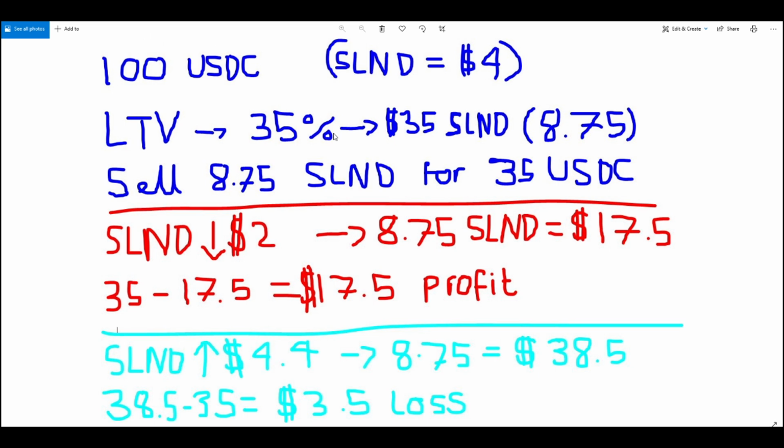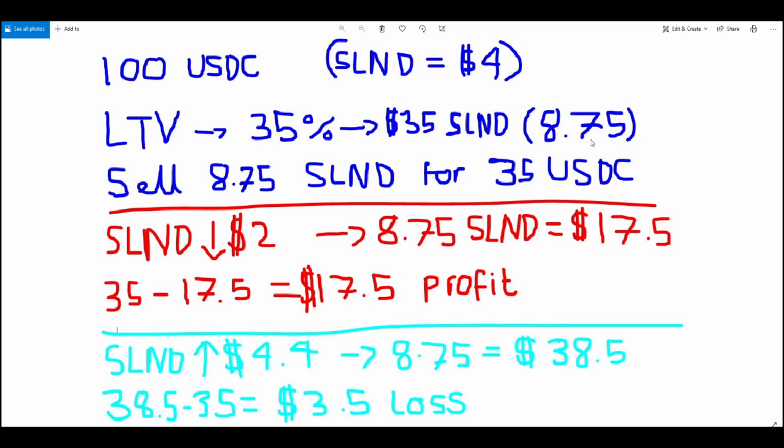So the LTV ratio is 35%. Because you've deposited 100 USDC, you're only able to take out a loan of 35% of that 100. So you're able to take out $35 worth of SLND tokens, which is approximately 8.75, as you can see here.